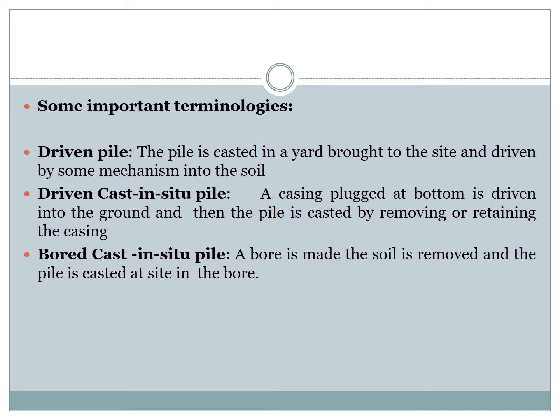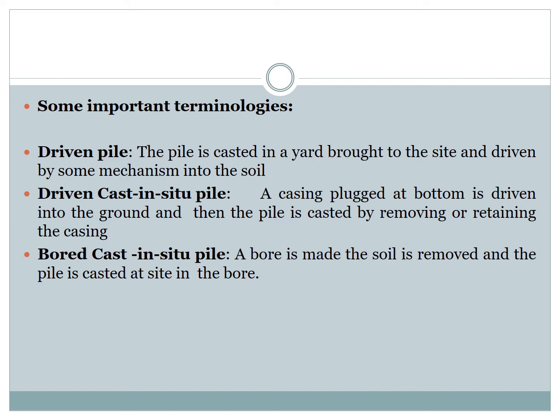Okay. So there are some important technologies for pile foundation. First is driven pile. In driven pile, the piles are driven into the ground by applying blows with a heavy hammer on their tops. Timber, steel and precast concrete piles are installed by driving, and may be driven into position either vertically or at an inclination. Next, driven cast in situ pile. In this, the piles are formed by driving a casing into the ground up to the desired depth.